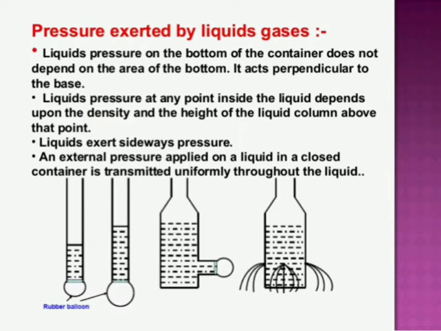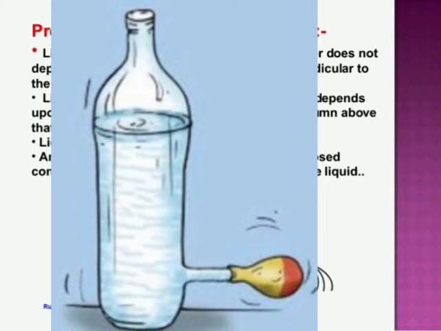Here you learn that liquid exerts pressure in the downward direction, exactly perpendicular to the surface. But another concept that you have to remember is that a liquid exerts pressure on the walls of the container. To understand that, we need to perform one activity. Take one plastic bottle. You can take any discarded water or soft drink bottle.